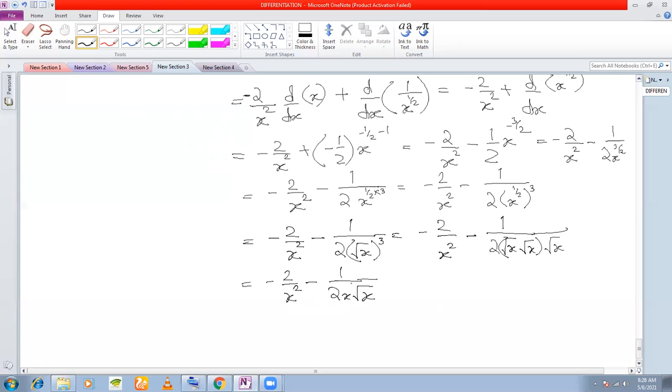You can write it in a much better way. What you can do is take 1 by x common, and you can write this as minus 2 by x minus 1 by 2 root x. Okay, so that is it.